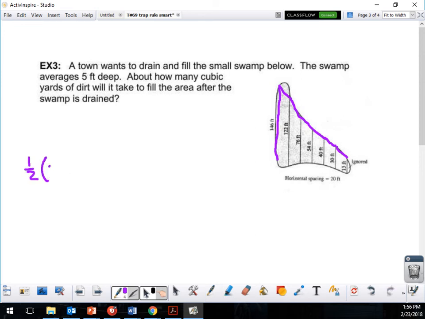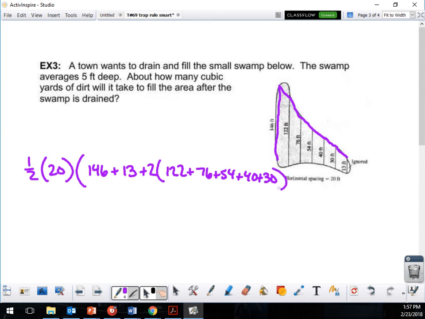Just 146, not f of. That's kind of tricky. Some of these are included twice. So 13 plus 13 plus 146, times 2 of everything in the middle, and then times 1/2 of 20.